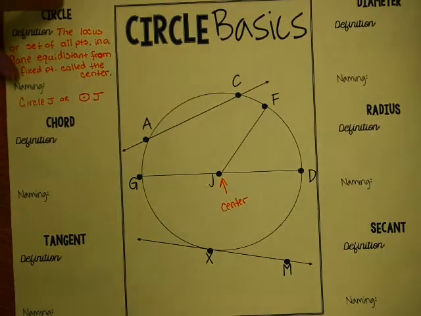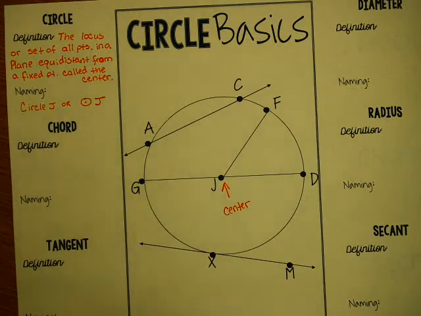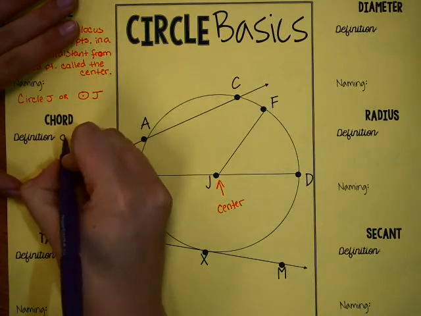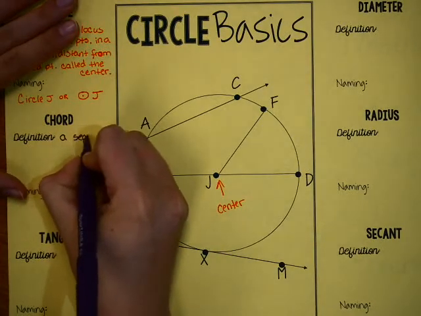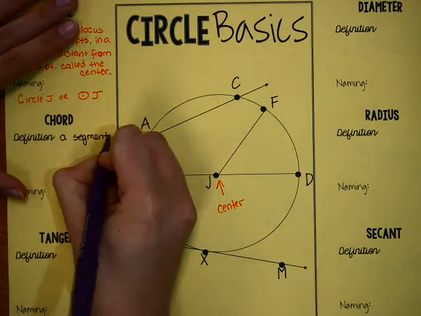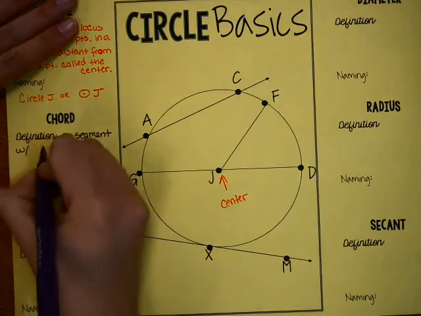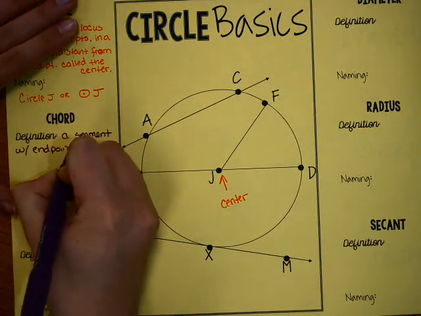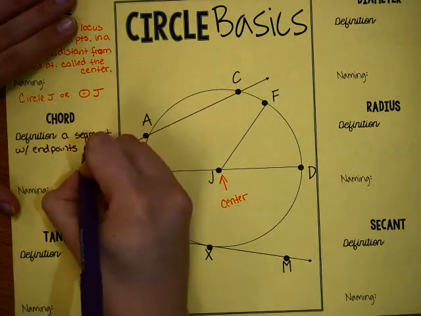Part of our circle we have what's called a chord. A chord is a segment with endpoints on the circle.